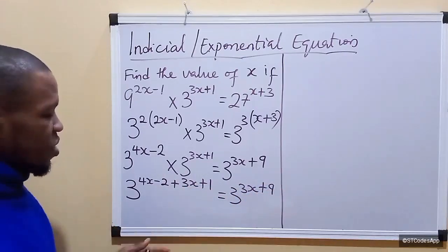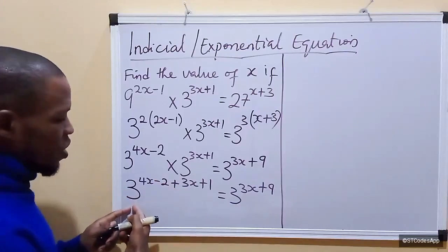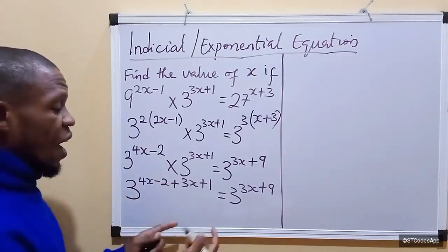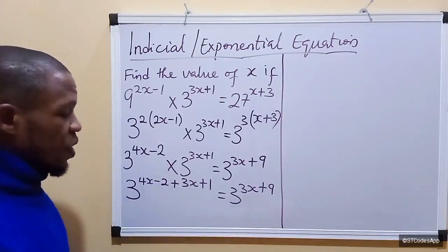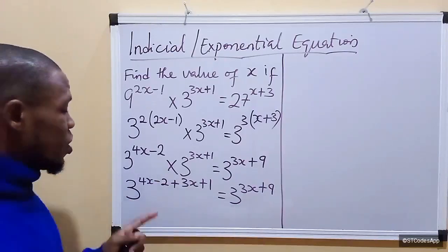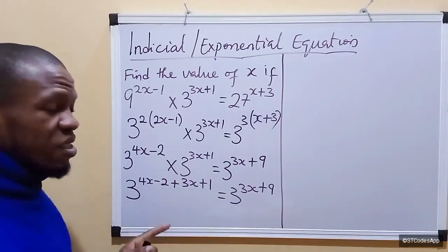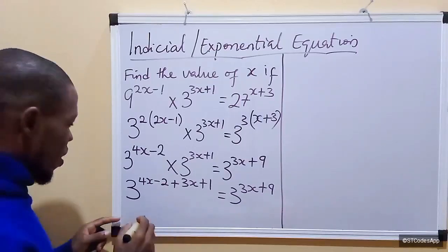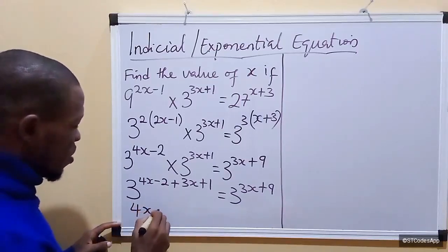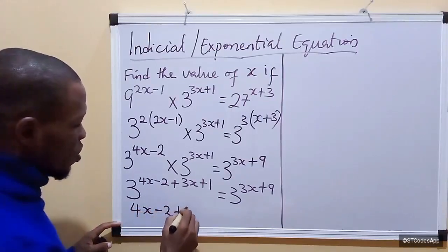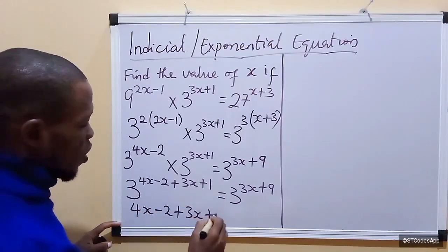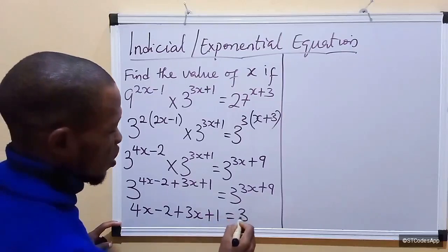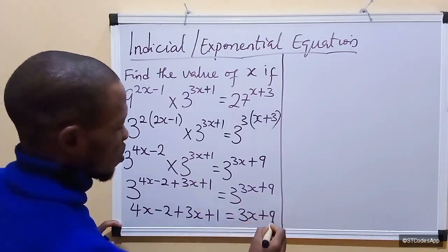Now by this, since we have the same base on the left hand side of the equation and on the right side of the equation, from the knowledge of indicial equations, what we do is that we equate the powers. So we are going to have 4x minus 2 plus 3x plus 1 equals 3x plus 9.